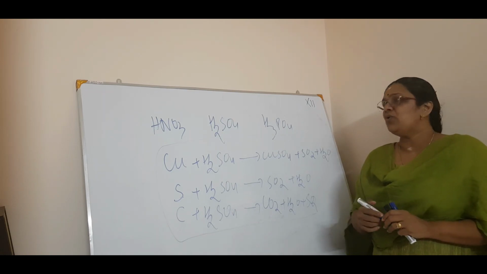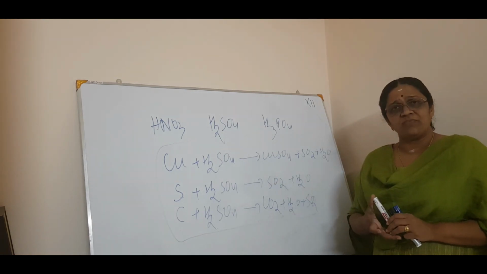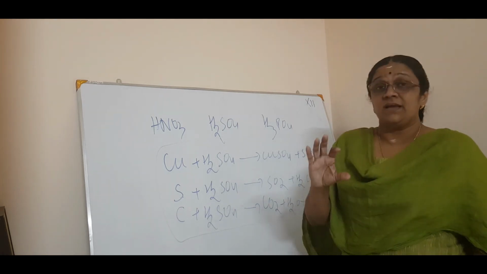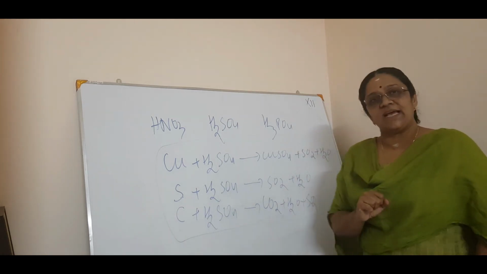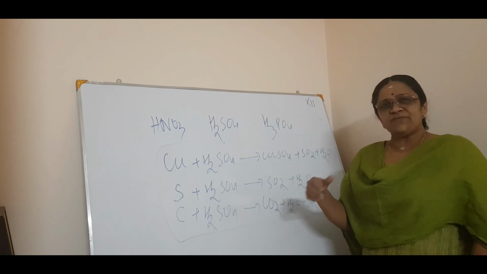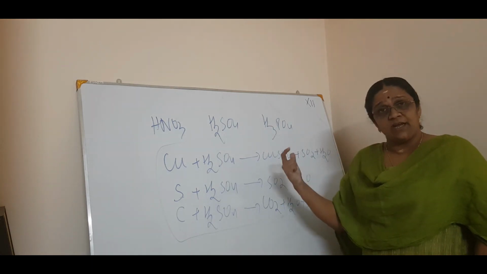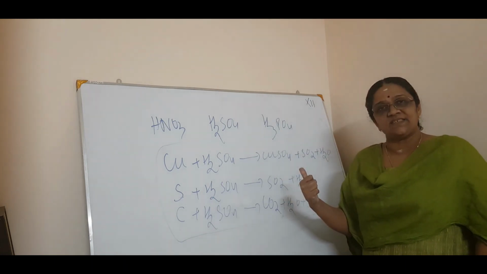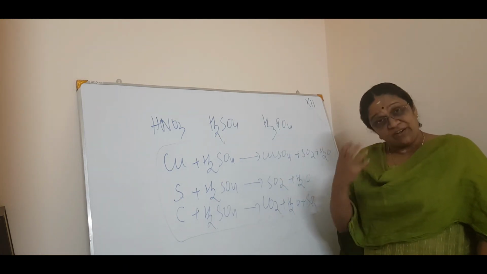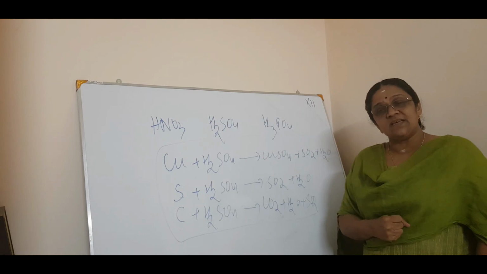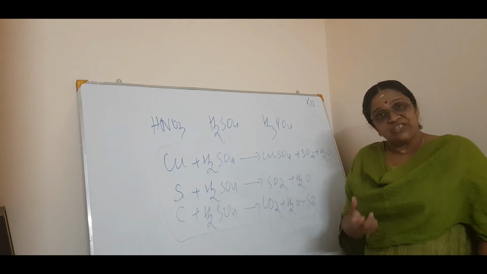Now, uses of sulfuric acid. There are numerous uses: as a dehydrating agent, oxidizing agent, and for making volatile acids. It is used as a lab reagent, in the petroleum industry, in paints, in metallurgy, everything.